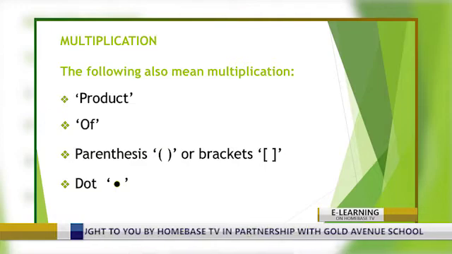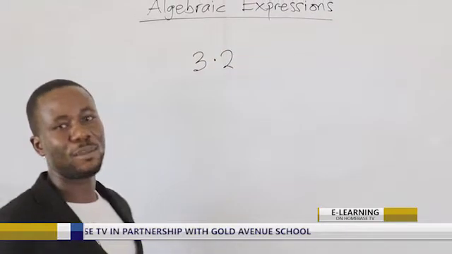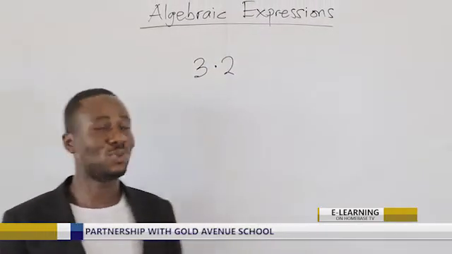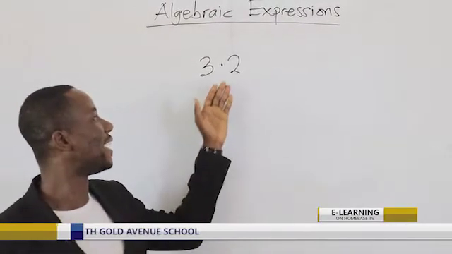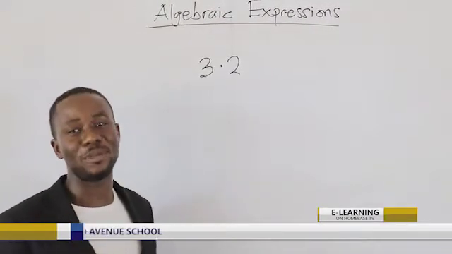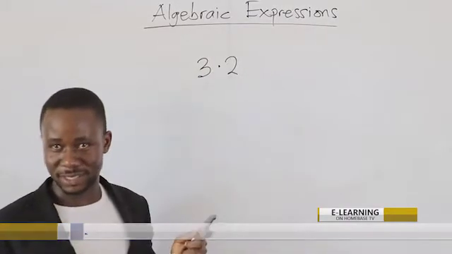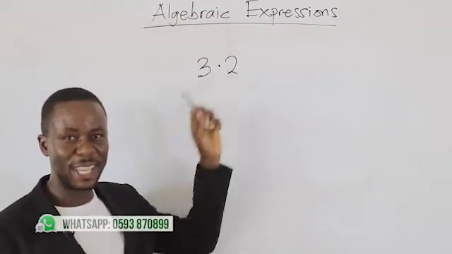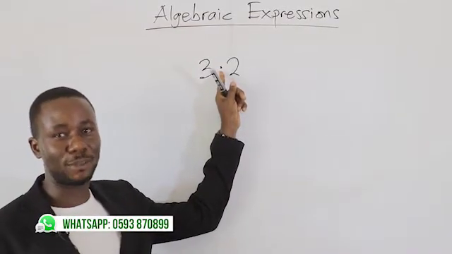Now let me digress a bit and talk about dots. So be attentive. Most of the time when we are dealing with decimal fractions, we write it like this. But what this one means in mathematics is multiplication. If the dot is at the middle, it stands for multiplication.